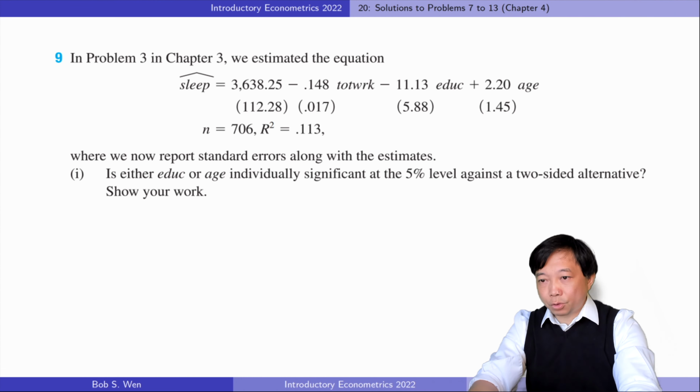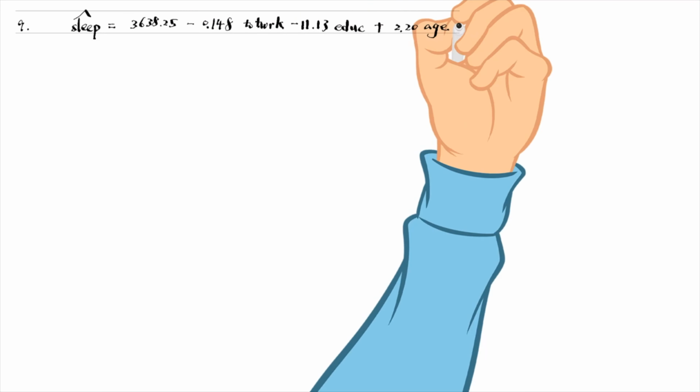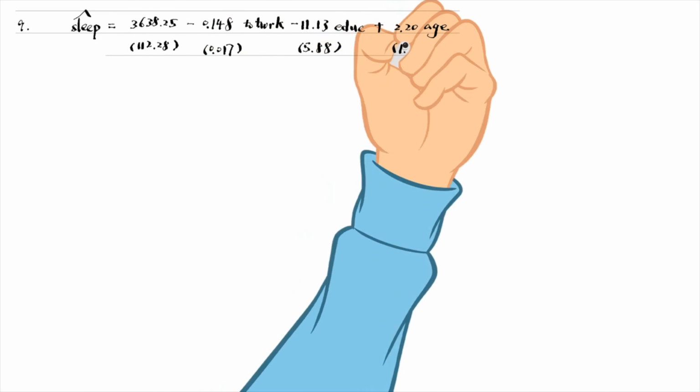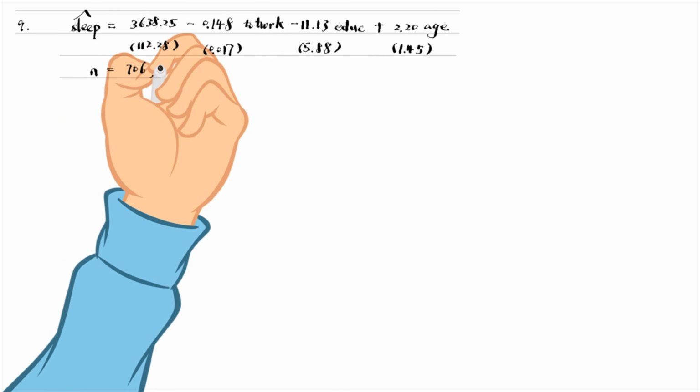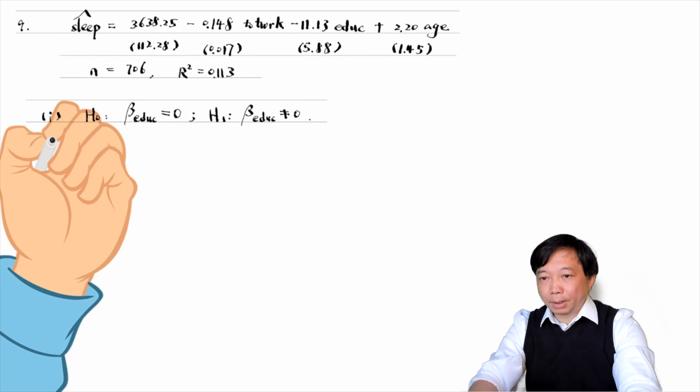Let's find the answer to problem number 9. The first question is to do the t-test for individual variables. For the variable education, the null hypothesis is that its coefficient is 0, and the alternative is that it is not 0.